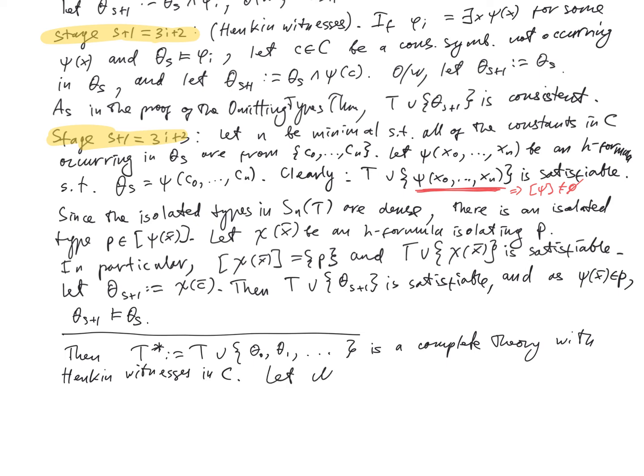Then we can take M, the canonical model of T star, such that the base set of M consists of the interpretations of the constant symbols in C. We claim that M is atomic, or more precisely, the L reduct of M is atomic.